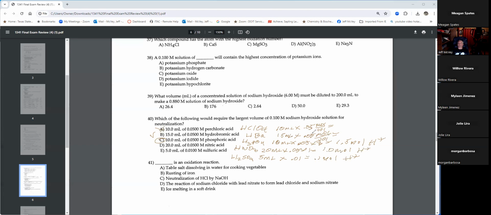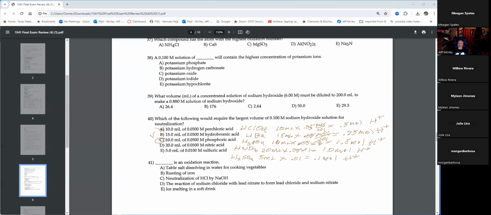And then up here, 15 mils, 15 times 0.05 times 1 gives me 0.75 moles of H plus. And then 10 mils times 0.05 times 1, which is 0.5 moles of H plus.